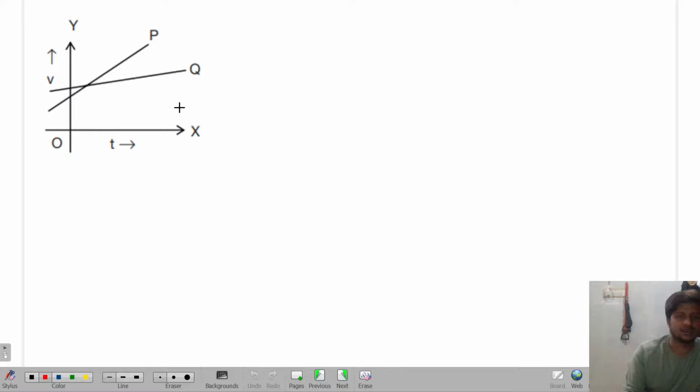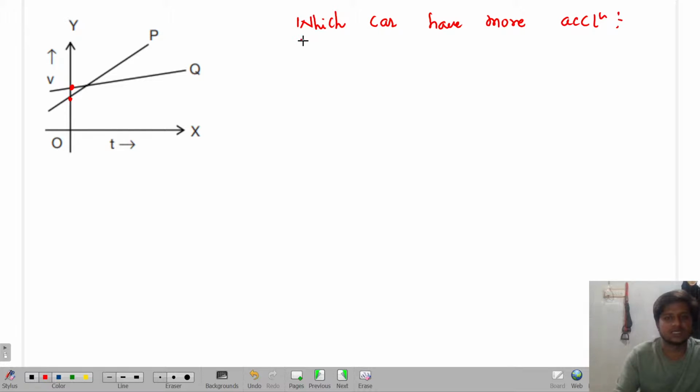Now moving to the next point. Similarly, let's suppose you have two cars starting from the same point. One car Q starts from this point, another car P starts from this point. If someone asks you which car is faster, which car has more acceleration, can you tell me now? What will be the answer?